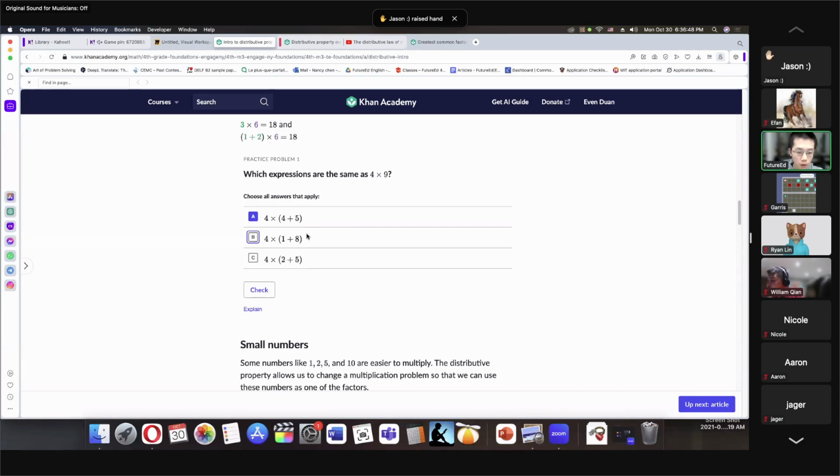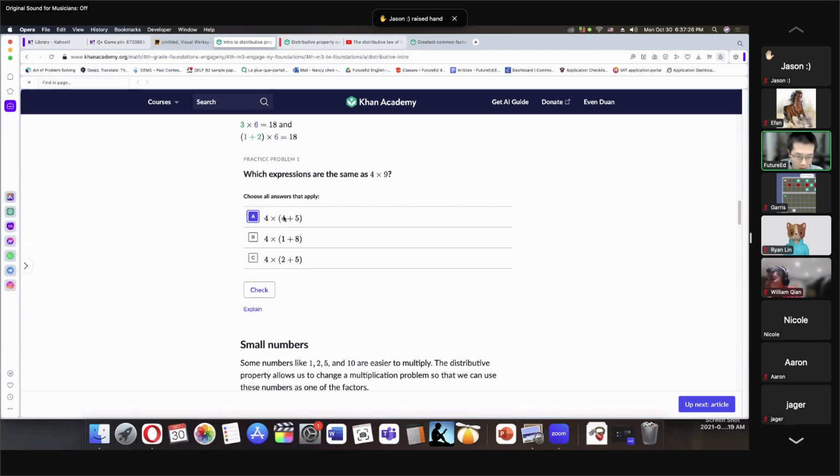So, Nicole, can you tell me what other answer in this list also works? So it's asking which expressions are the same as 4 times 9. You don't actually need to calculate them, okay? You don't have to go like, oh, 1 plus 8 is 9, and then you multiply by 4 to get 36.